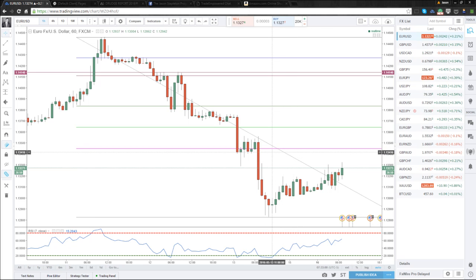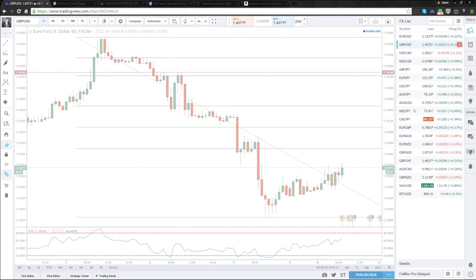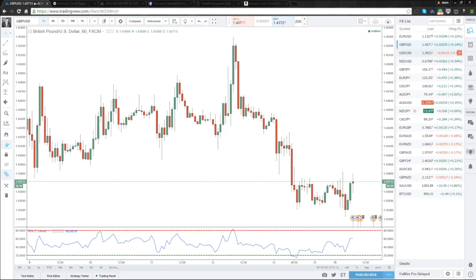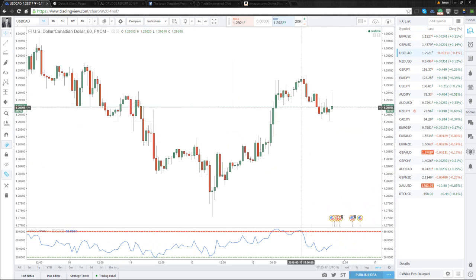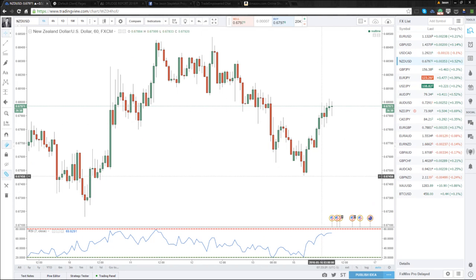The level's around 113.41s. So you can watch that as well as a potential shorting opportunity with stops above the swing high here at 113.56s. Pound dollar, congestion. Canada, we need a lot deeper retracement to buy anything there. And the rest of it's just kind of in the middle between when we would normally trade.